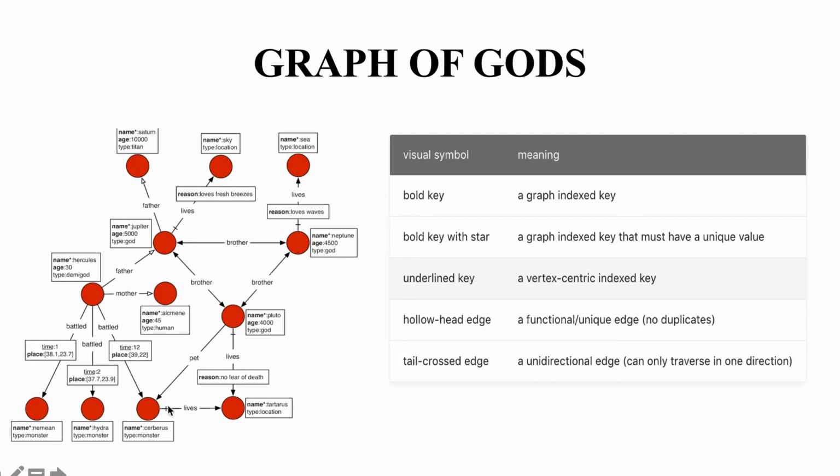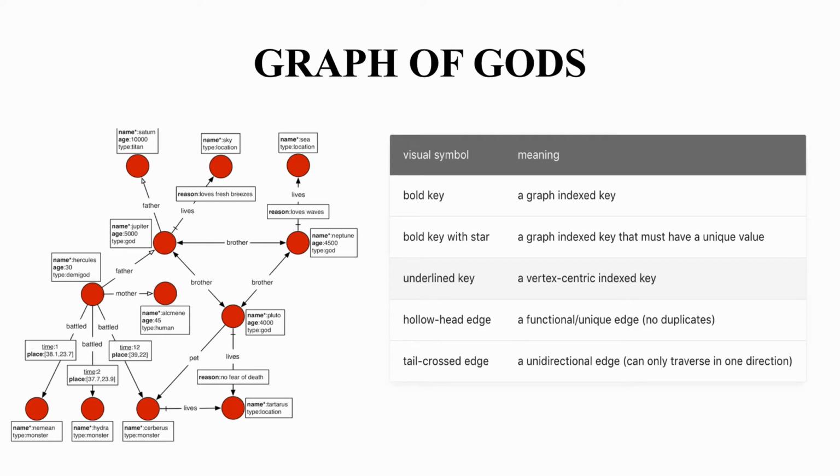In some edges you can see a crossbar, a tilted cross edge, which means it is unidirectional, so it can be traversed in only one direction. This is the basic component of any graph that you are going to implement. It will have all these components when you create any vertex or edges.